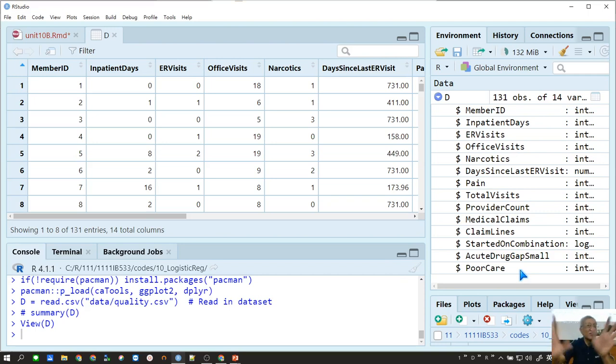That's the background of this data. This is important because we will use this data for this week and next week, so I let you know more about its background.